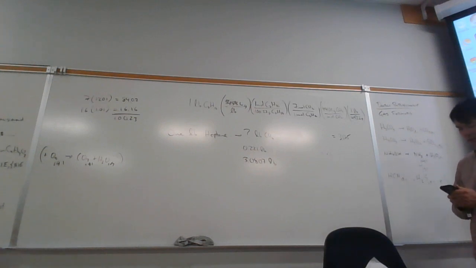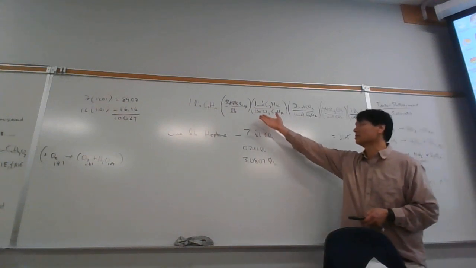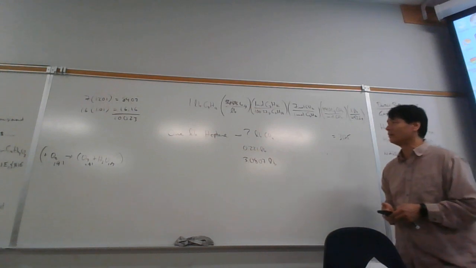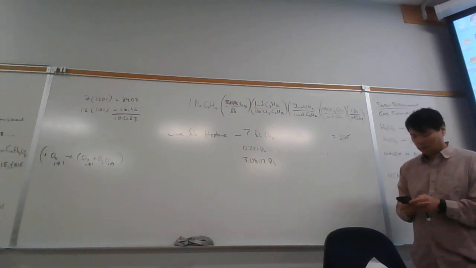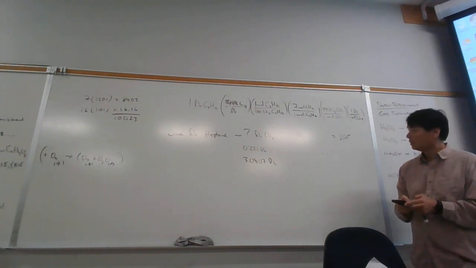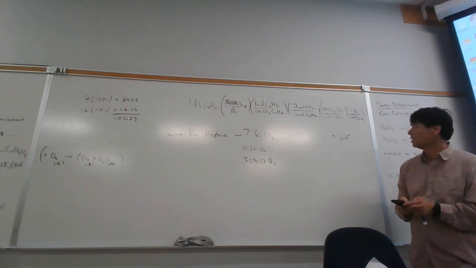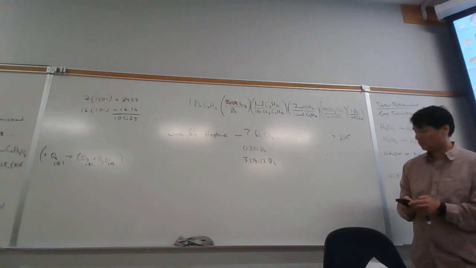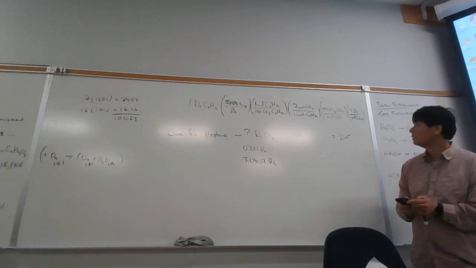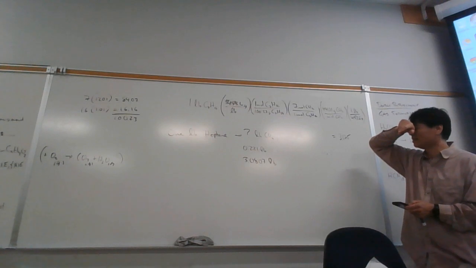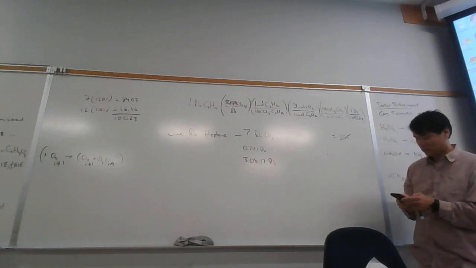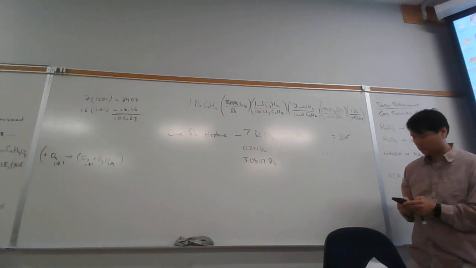Let's take a look. 453.6. It depends. Some people might carry extra digits. I mean, if you know it as 453.59, you could use that. It's actually better, because you've got less round off there. It wouldn't change because we just cancel it out. So you're right, I didn't add the fifth digit in the grams.